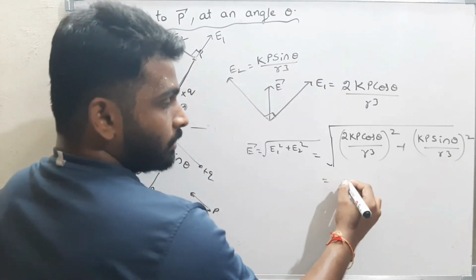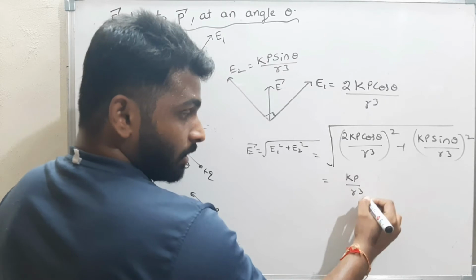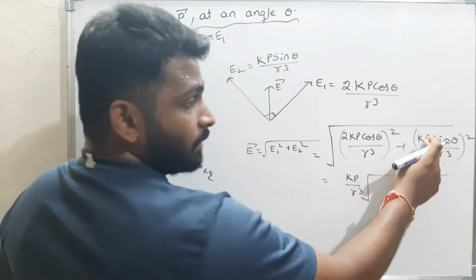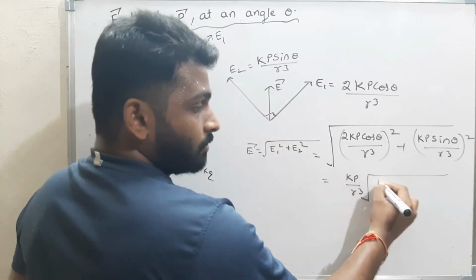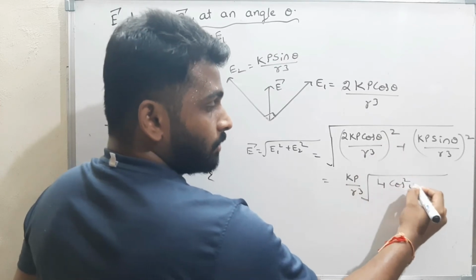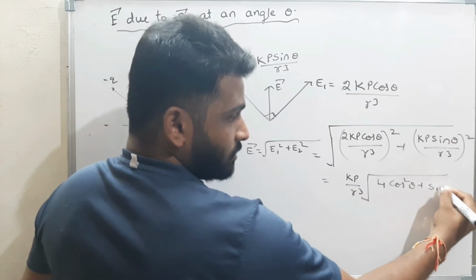Therefore, kp by r cube I can take common. What is remaining? 2 square, that is 4 cos square theta, plus sin square theta.